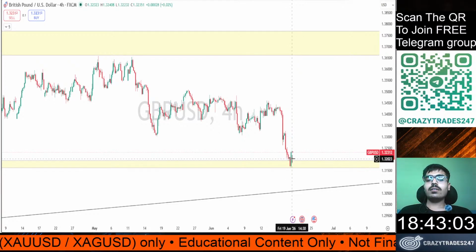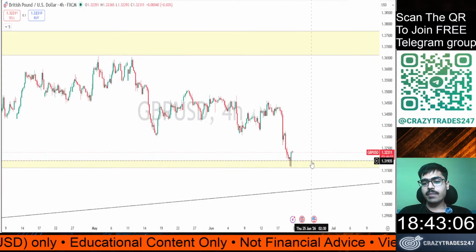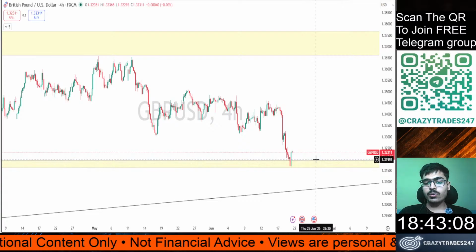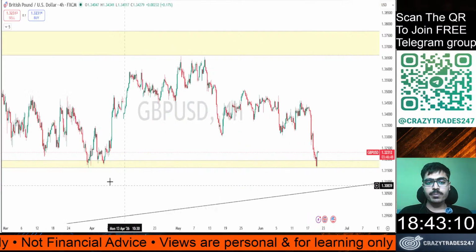Price is taking a bounce back from this support zone that we have mentioned here with the yellow rectangle, as it was expected.